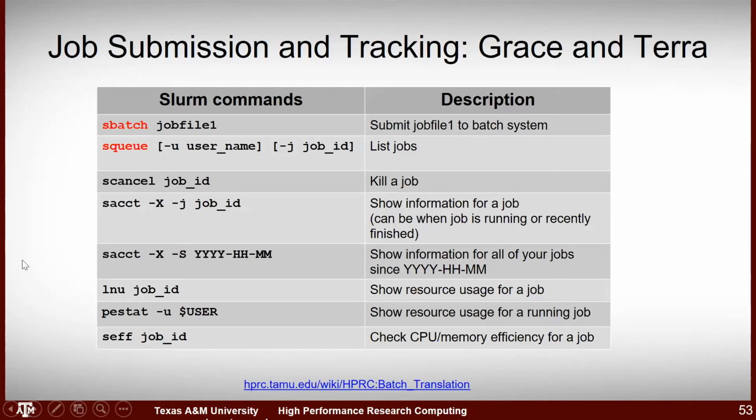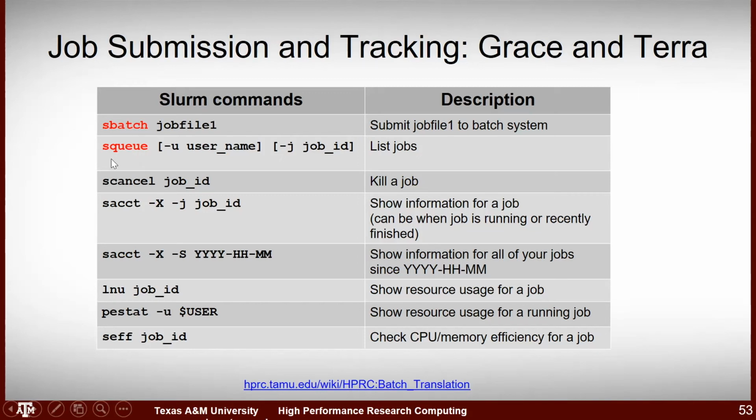Okay, so once you have a job file, you have to be able to pass it to the scheduler and then keep track of what it's doing. So the first command you use is sbatch, space, the name of your job file. And that passes it to the scheduler. Scheduler says, okay, I'm going to put this in the queue. And then how do you know if it's still in the queue? So we have squeue.